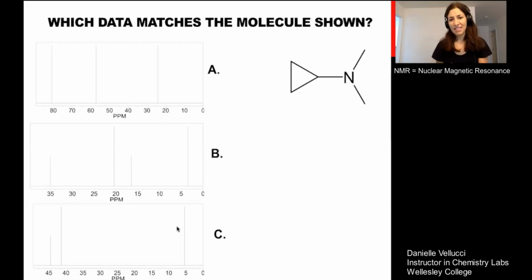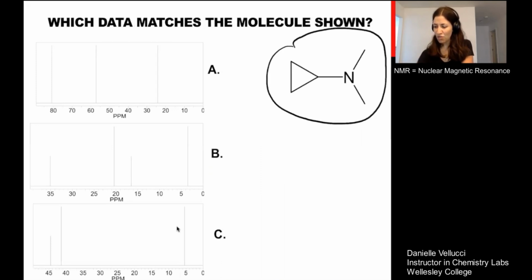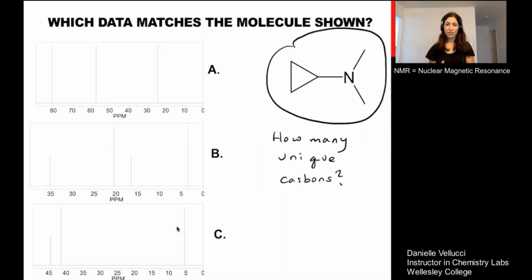So let's take what we've learned about C13 and see if you could consider the molecules shown on the right. Okay. First thing you want to ask yourself is how many unique carbons does this have? Again, we're just looking for types of carbon. If we follow the same analysis that we did earlier, we have the carbon directly attached to the nitrogen, and we can call both of those 1.